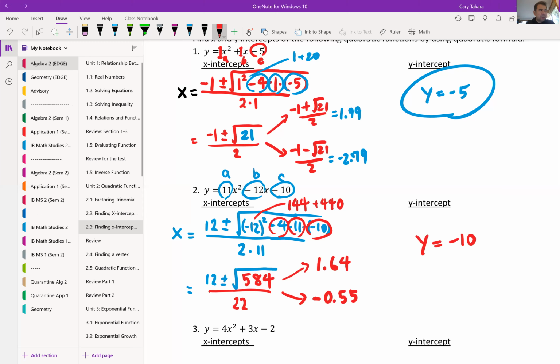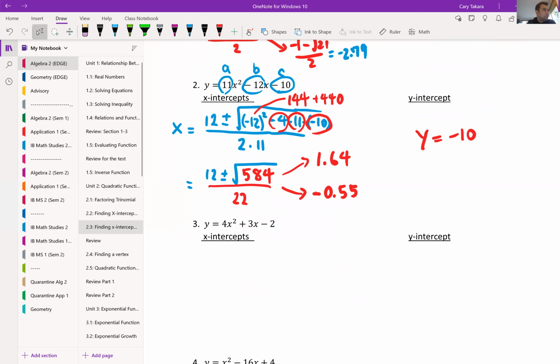Yeah, rounding off to the tenth spot, that's perfect. If you answered 1.6, negative 0.6, that's great. Anybody else? Did you guys get that? Okay. Very good. Let's try number 3.